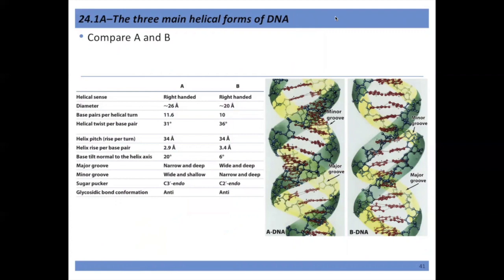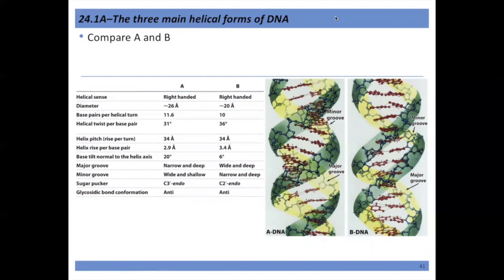So if we compare A and B DNA, I'm not one to have you memorize a lot of numbers. If I ask questions on this, I would probably give you the numbers, but there are a few that you should know, specifically about DNA. Like I said, A is a little bit more squat, so it has a wider diameter, and B DNA is a little bit skinnier.